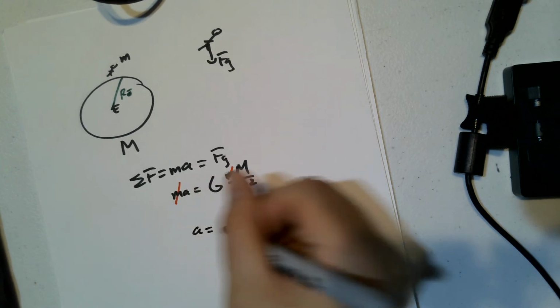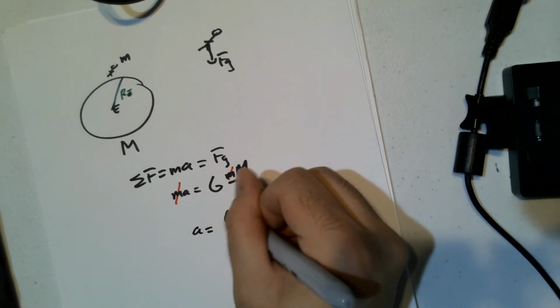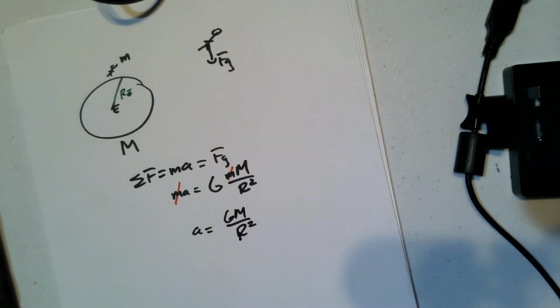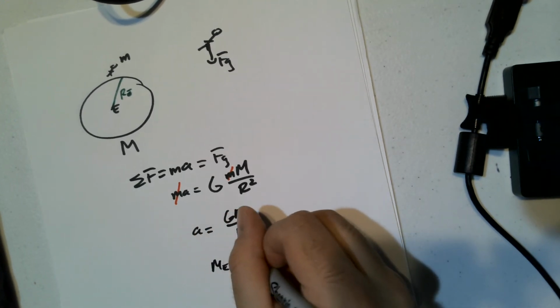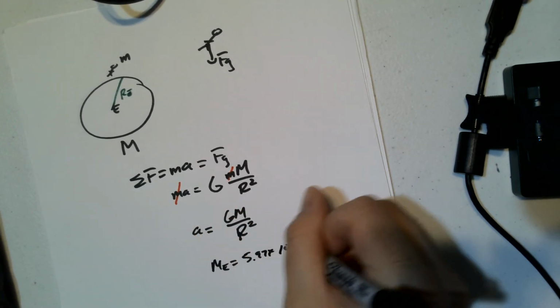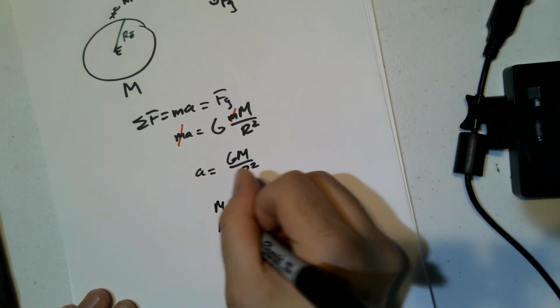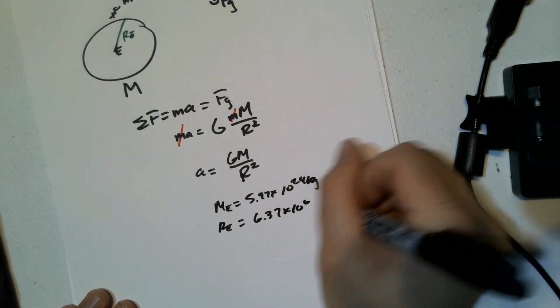So the acceleration due to gravity that this person is going to experience is equal to GM over R squared. Now, if you put in the values for Earth, the mass of the Earth is 5.97 times 10 to the 24 kilograms, and the radius of the Earth is 6.37 times 10 to the 6 meters.